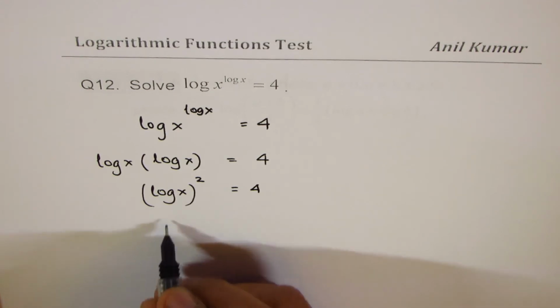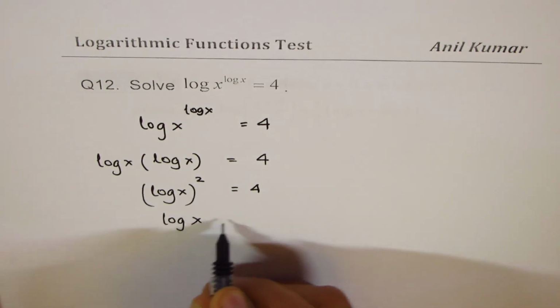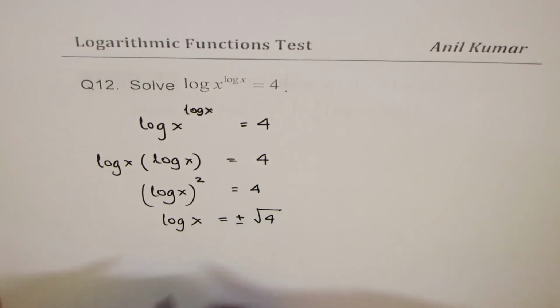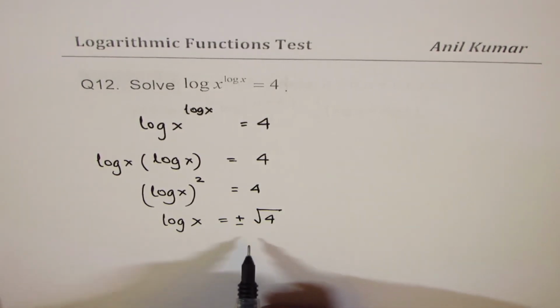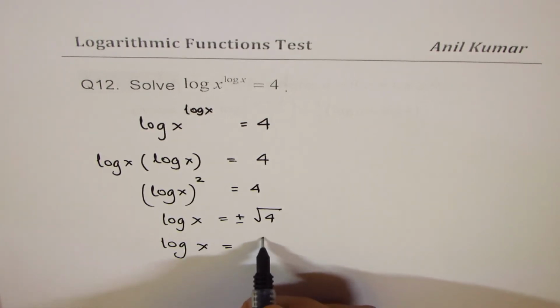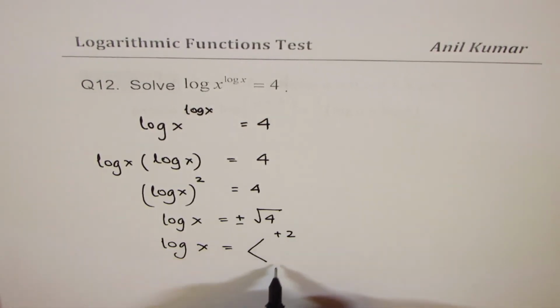Now you could square root this, so you get log of x equals square root of 4. Whenever you square root, you do plus and minus. So we get two possible solutions, that is log of x is equal to plus 2 or minus 2, correct?